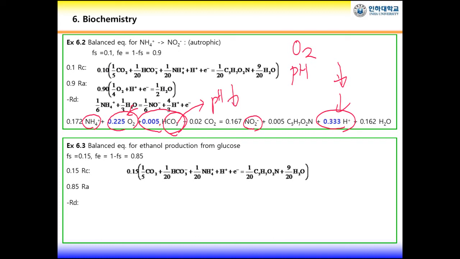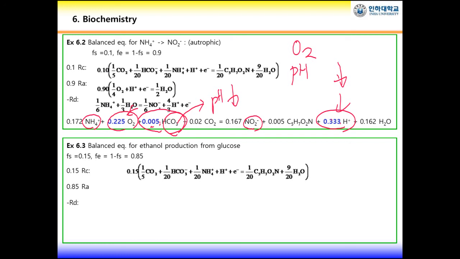So there are two factors that will decrease pH after the reaction, right? But this is a biological reaction, and most bacteria or microorganisms don't like a pH drop.